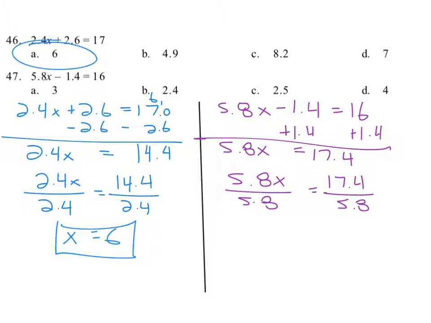Just like before, I'm going to move the decimals over. We're going to say what we're seeing here is 17.4 divided by 5.8. We're going to move this decimal over 1, okay, and get 58 into 174.